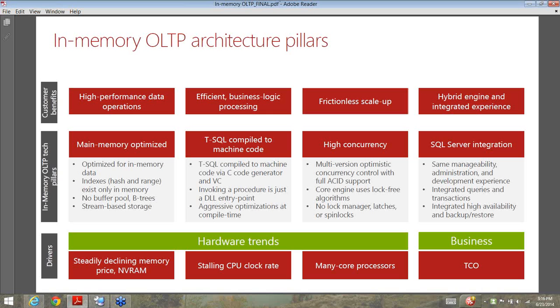Also, to let you know, though it is in-memory data and you have multi-version optimistic concurrency control, that does not mean that we are not following the ACID properties. I hope every one of you understands ACID properties. For a database to be a relational database management system, it has to follow all the ACID properties. A is atomicity, C is consistency, I is isolation, and D is durability.